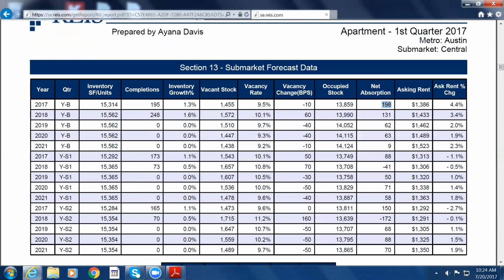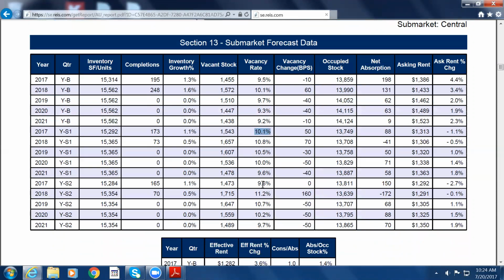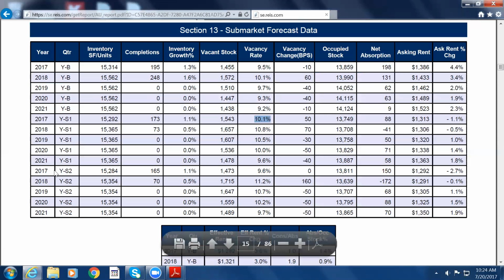But it looks like the absorption we're expecting seems pretty high. And these are the different scenarios that I had mentioned, your moderate downturn and your severe downturn. Even just looking at the vacancy rates in those different scenarios, much, much higher, expecting a little bit more volatility in the market, maybe a higher recession, something similar to 2008.